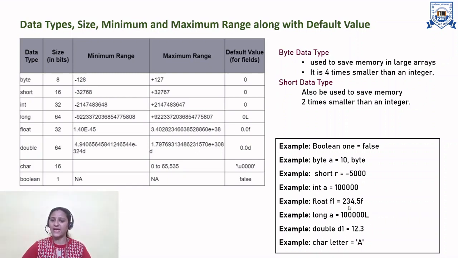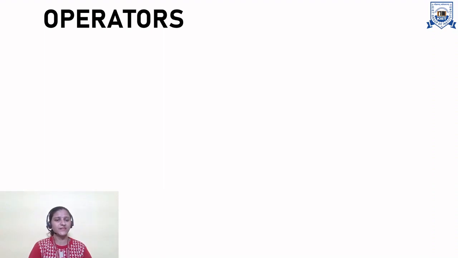Whenever we give any data in the float, we denote it at the end with F. For the long, at the end we give a capital L. In double, we don't require it. And for the character, if it is a single character, it is given in single quotes. This way, we can provide the data type, and in the variable, we can store the value based on the data type.